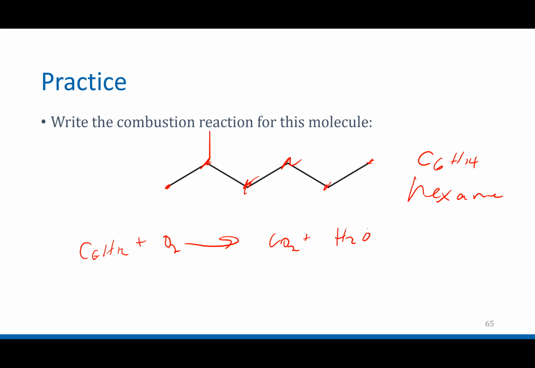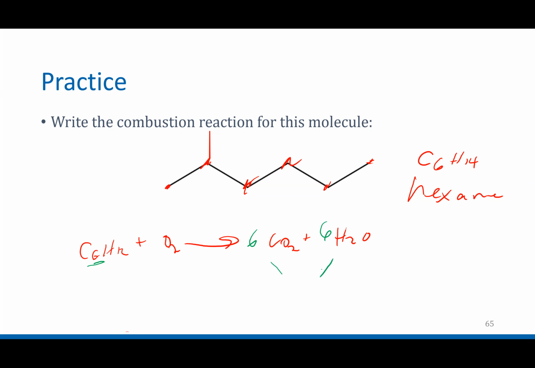So let's think about balancing this. And again, this is from Chemistry 1120. Okay, 6 carbons, so I put a 6 here. Hydrogens, I have 14, so I put a 7 here.